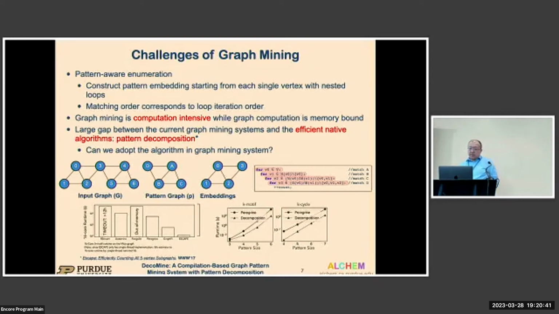Before that, we want to introduce what the computation of graph mining looks like. For example, in this case, we have an input graph, a pattern graph, and the embedding. The pattern of the computation is essentially a nested loop. We want to start with every vertex in the graph, and we want to construct the embeddings by looking at the neighbors in a way that is specified by the pattern graph.